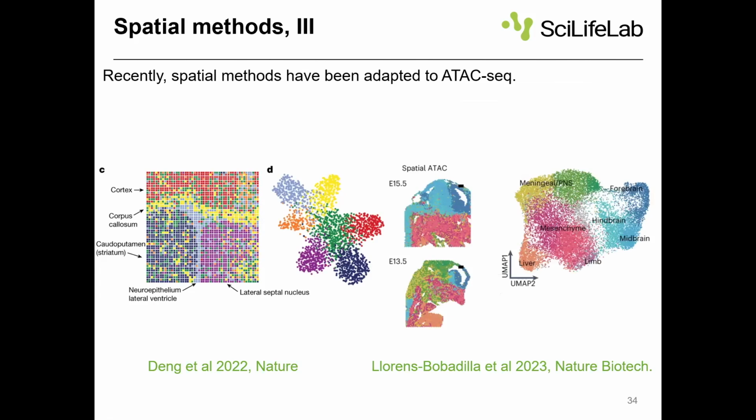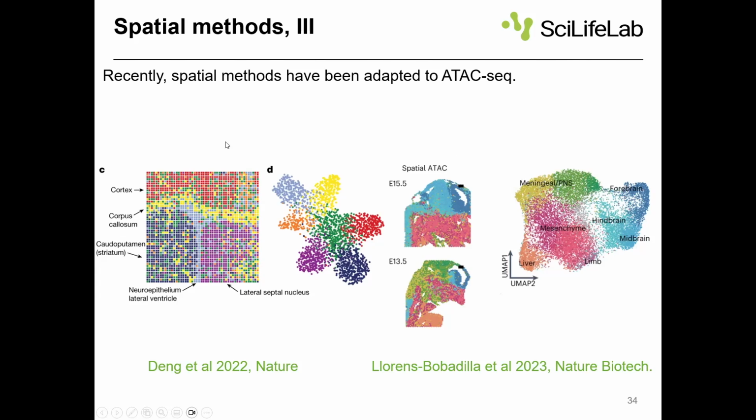And yes, this has been adapted to ATAC-seq. So now each little box is a region in a tissue section, and for each little box you can measure how much open chromatin you have in different regions of the genome. And then you can do all the clustering and coding of cell types and so on.